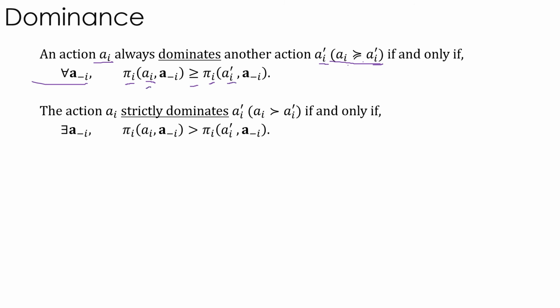So a_i always gets a higher payoff than a prime i, regardless of what all the opposing agents are playing. Only in that case, a_i dominates a prime i.